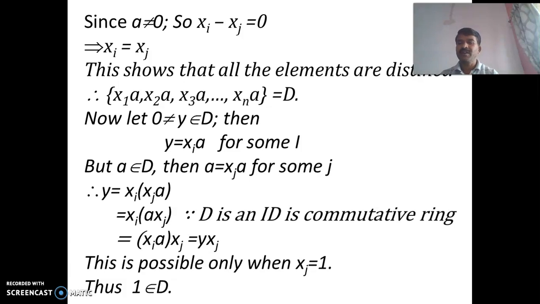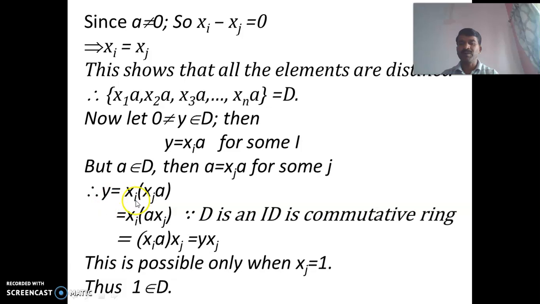Now let us take y as a non-zero element of D, then y equals xia for some i. Now a is a member of D, so a equals xja also for some j.